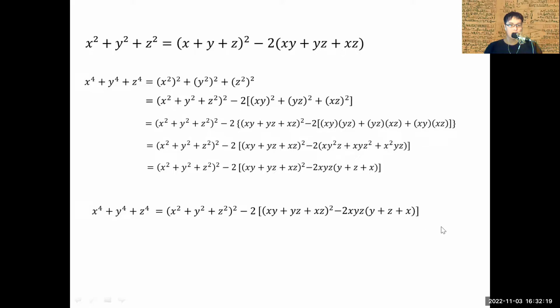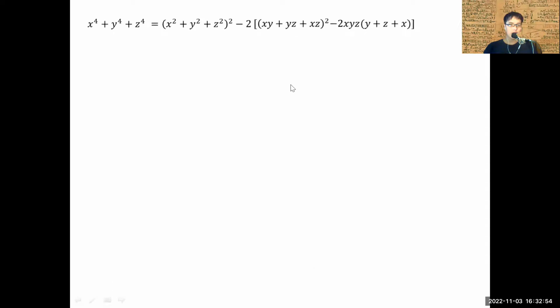So the whole thing will get you x to the power of 4 plus y to the power of 4 plus z to the power of 4 is simply equal to (x squared plus y squared plus z squared) squared minus 2 times (xy, yz, plus xz) squared, minus 2xyz times (y plus z plus x). That is the identity that I have obtained by deducing this expression via the trinomial identity.